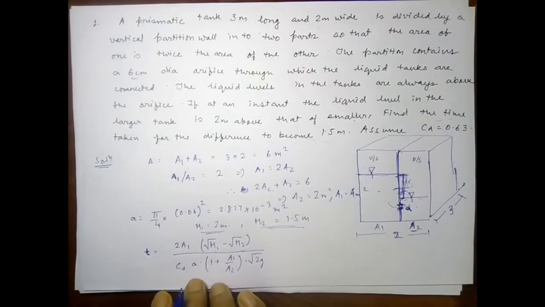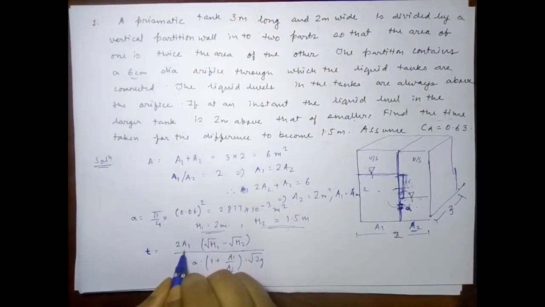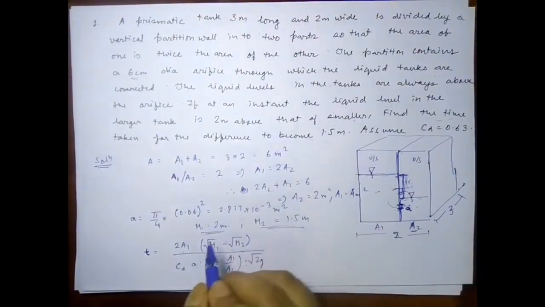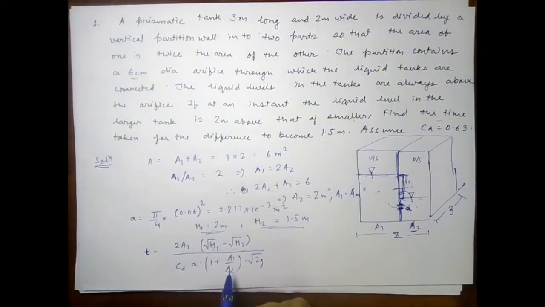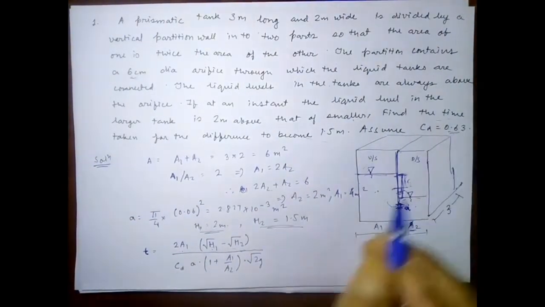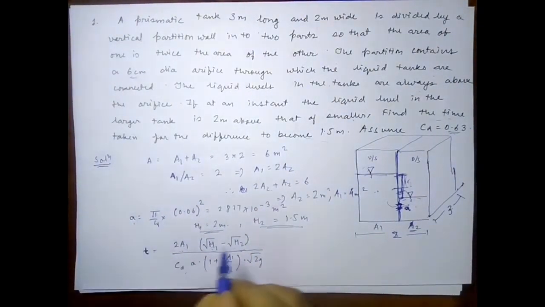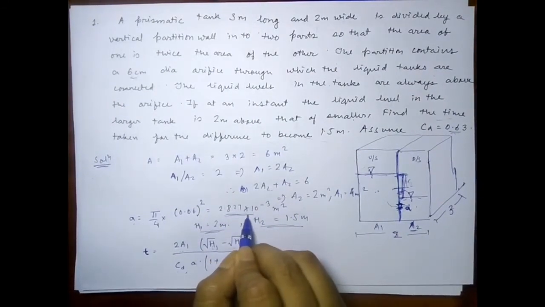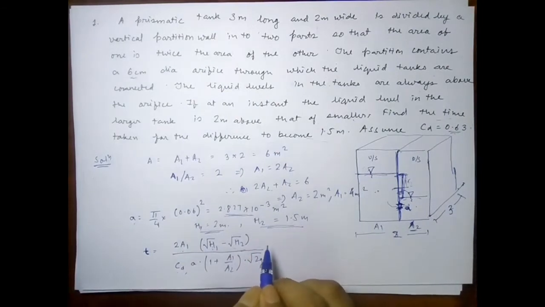So in case you require the derivation, please write in the comment section. I will be replying to it. Also substituting these values, A1 is this part, A2 is this part, H1 and H2 are 2 meter and 1.5 meter, that is the initial and the final height differences. CD will be taken as 0.63 as given in the question, and small a is the area of the orifice, equal to 2.827 times 10 to the power minus 3 meter square.